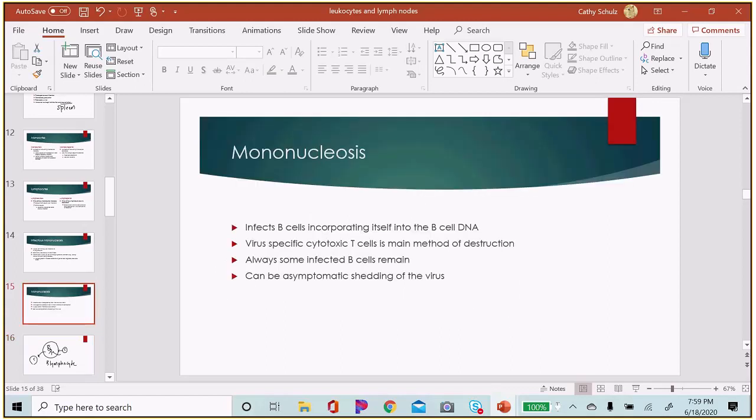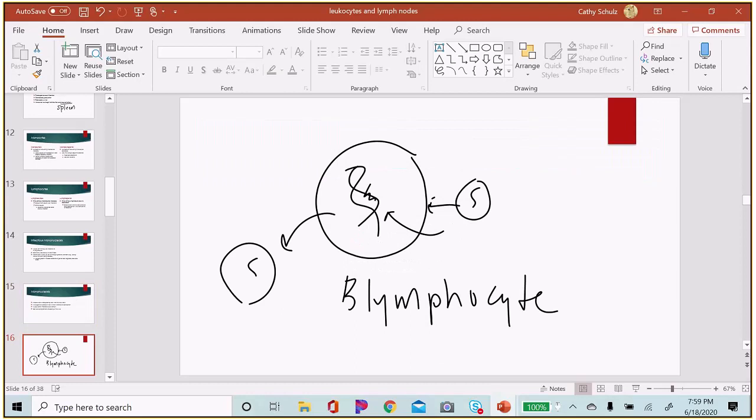The way that our body clears itself of a viral infection is through cytotoxic T cells.